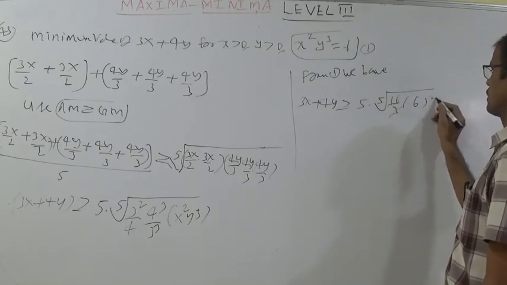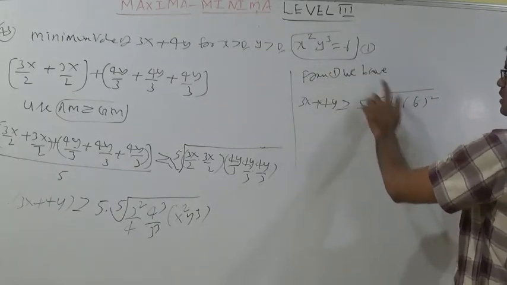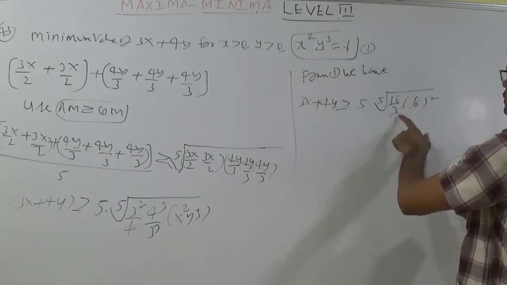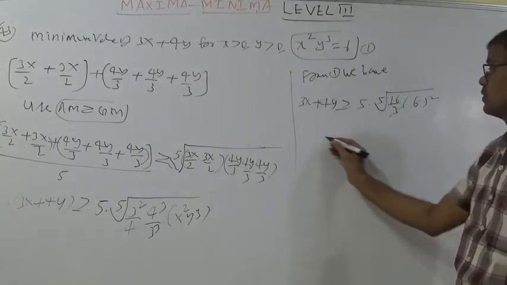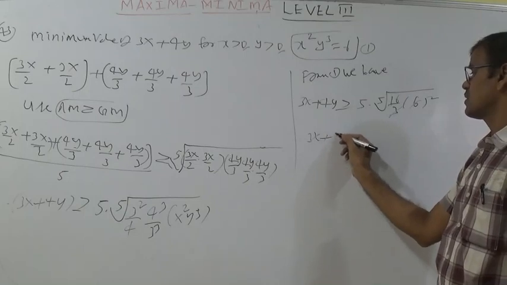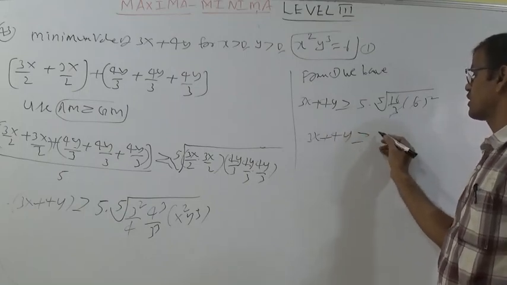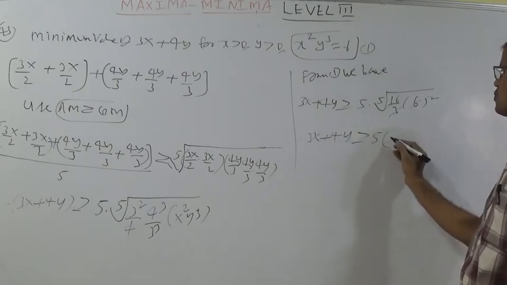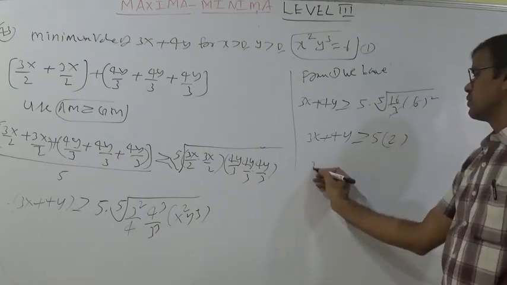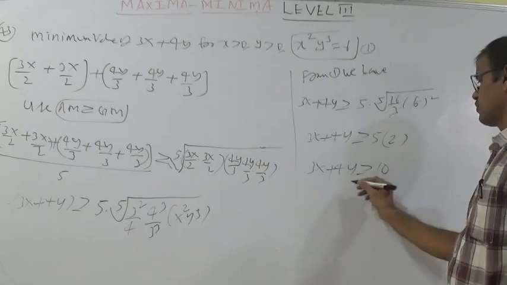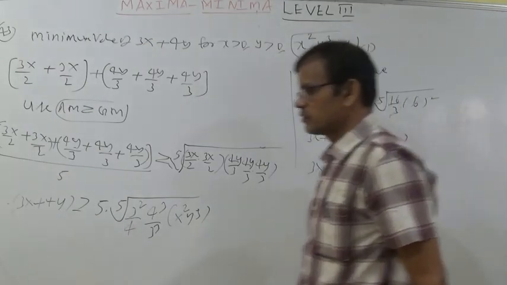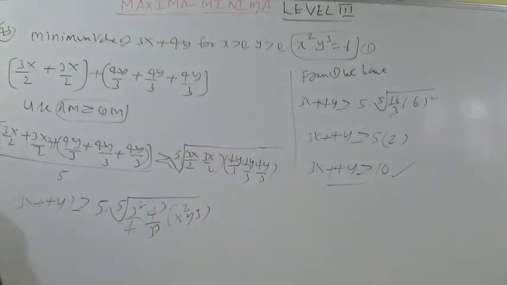Here the 3 and the 6, I had written the formula and the value; 3 twos are 6 got cancelled. 16 into 16 is 32. So 3x plus 4y is greater than or equal to 5 into the 5th root of 32, which is 2. So 3x plus 4y is greater than or equal to 10, that is the answer.